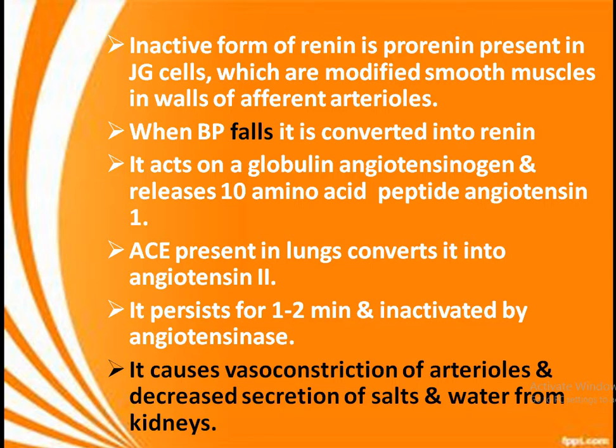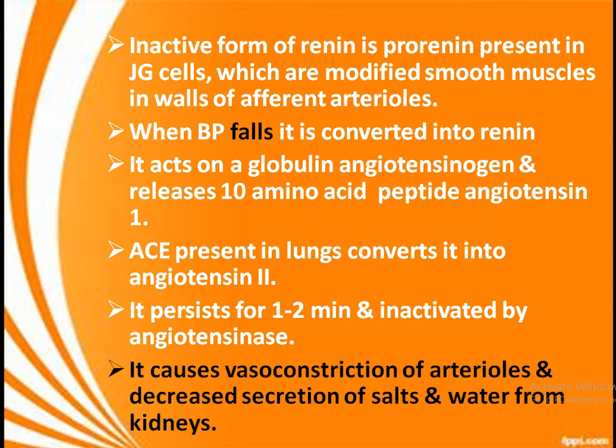In our body, we have certain mechanisms involving this renin-angiotensin mechanism. The role of the kidney is important: when there is decrease in the blood pressure, the kidney is going to help to increase it. If there is increase in the blood pressure, the kidney plays a very important role to decrease it.